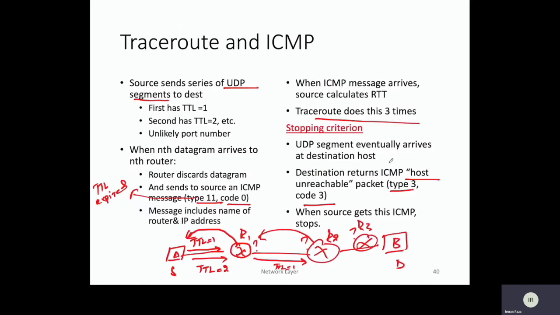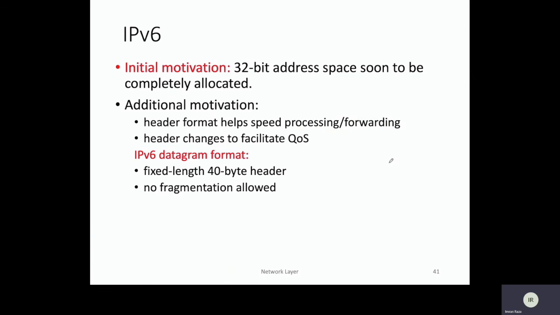So ICMP helps the Internet Protocol report errors and problems in the network, because IP itself is a connectionless protocol.